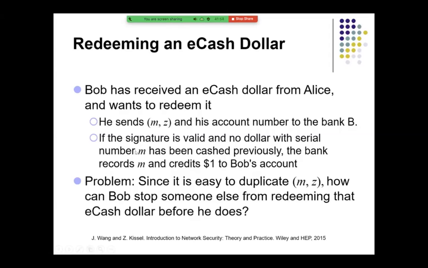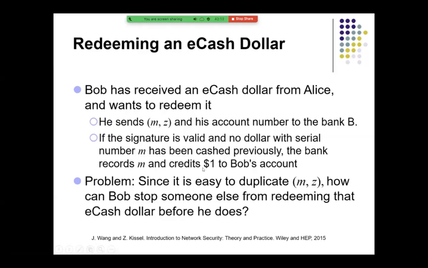If it has not been cashed, then the bank will consider this Ecash dollar valid and record M in its database, indicating that it has been cashed.